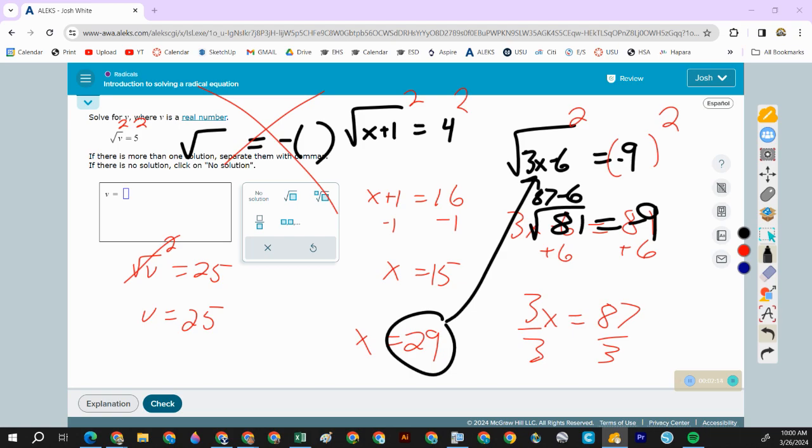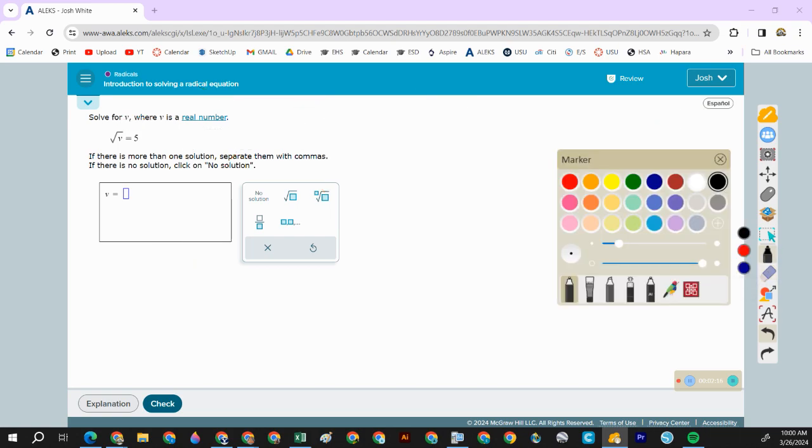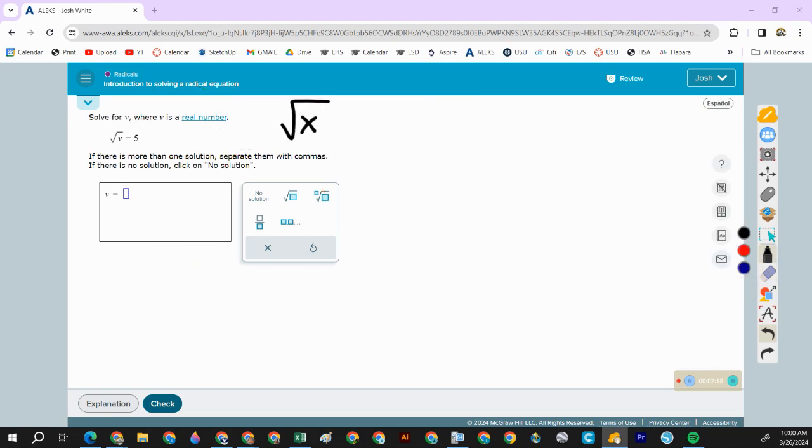Okay. So what if I had something like the square root of x plus 4 equals 7? Is that okay? Well, I need to know, is the square root a positive or a negative number? So I need to subtract 4, and I get the square root of x equals 3. And that's okay.